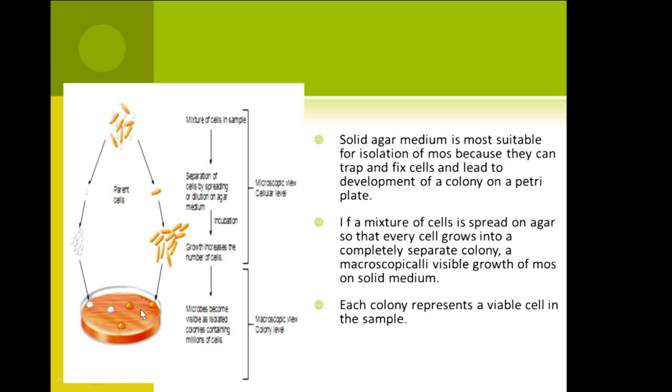Initially a cell is not visible, but only after it multiplies several times, it will produce millions of cells, all clustered together, and those can be seen as a mass of cells. Those are called colonies. So if a mixture of cells is spread on agar so that every cell grows into a completely separate colony, a macroscopically visible growth of microorganisms, each colony formed on the agar plate represents a viable cell present in the original sample. So in this way you can separate organisms mechanically on the plate.